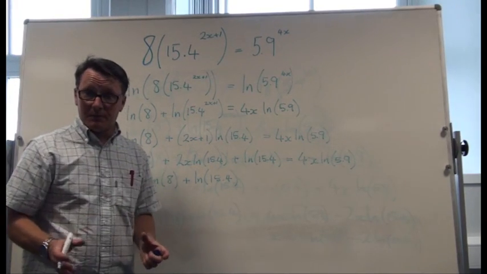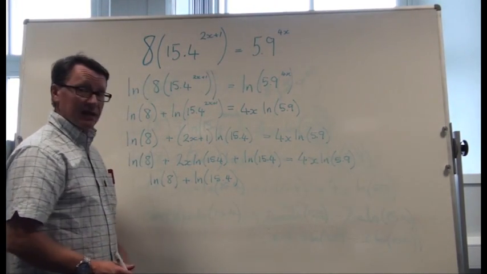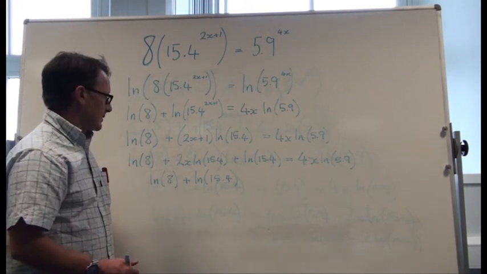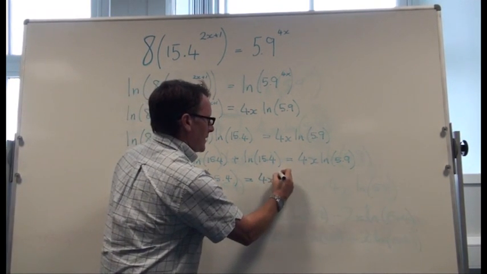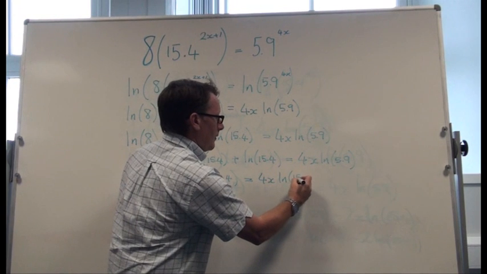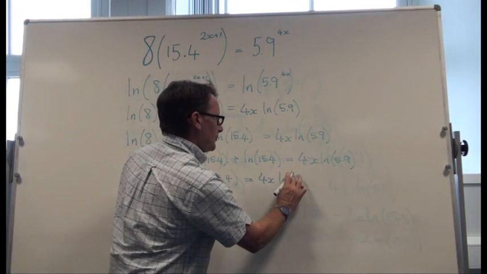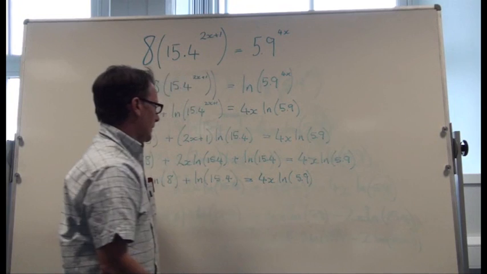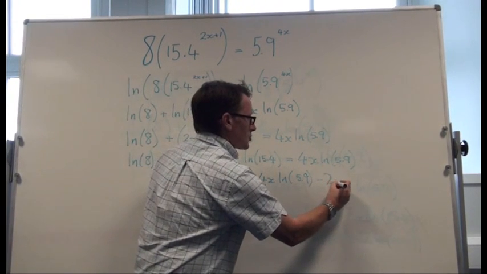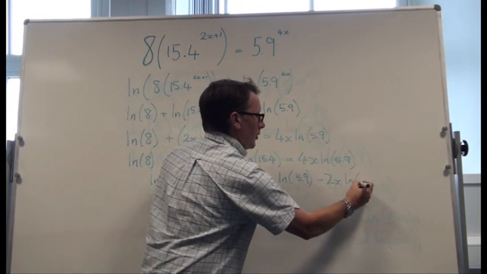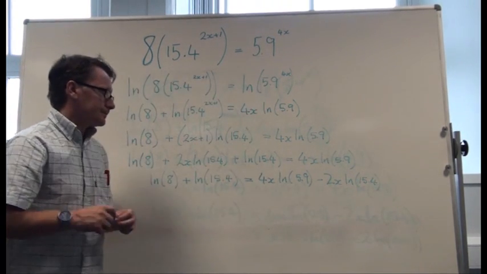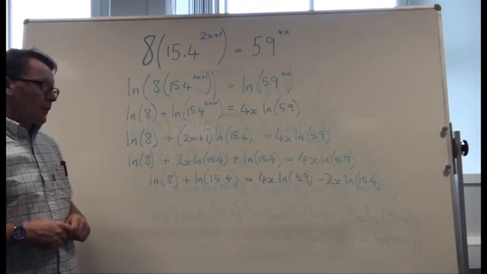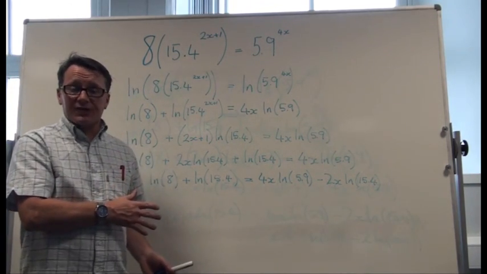And they're just numbers, remember, so we can work them out at any stage, but we'll leave it all till the end. Equals 4x times the log of 5.9 minus 2x times the log of 15.4. Okay, we've got the x's onto one side.